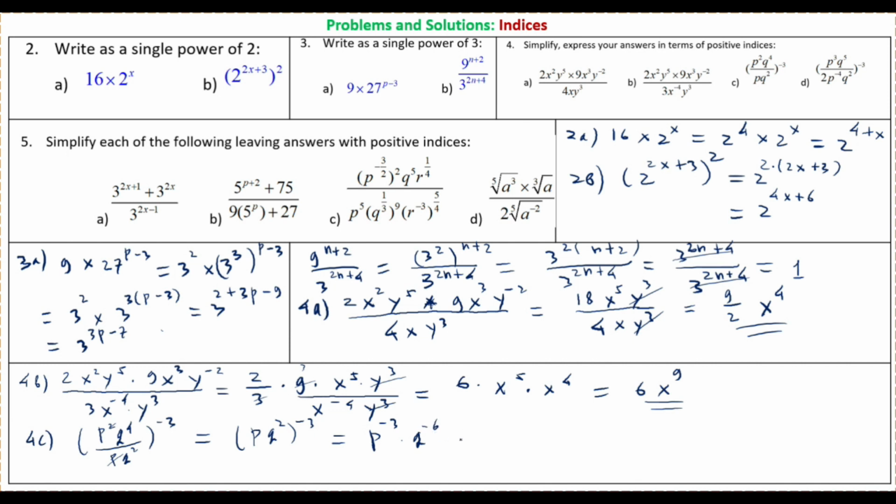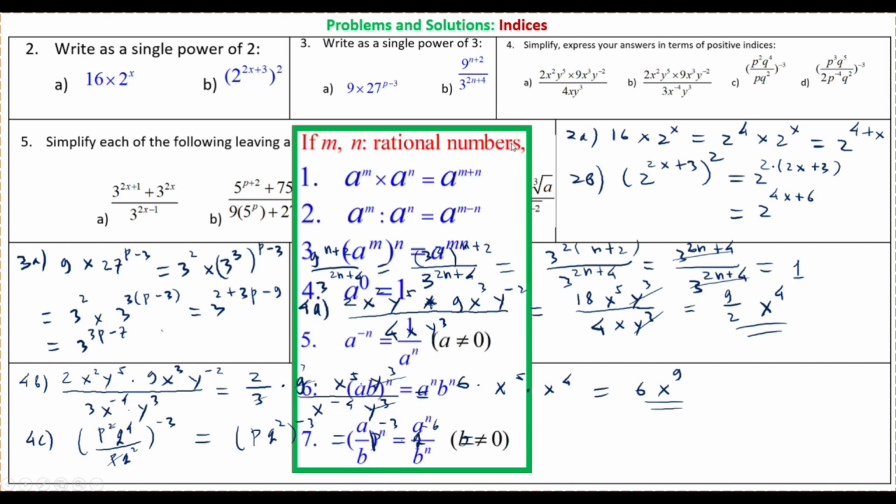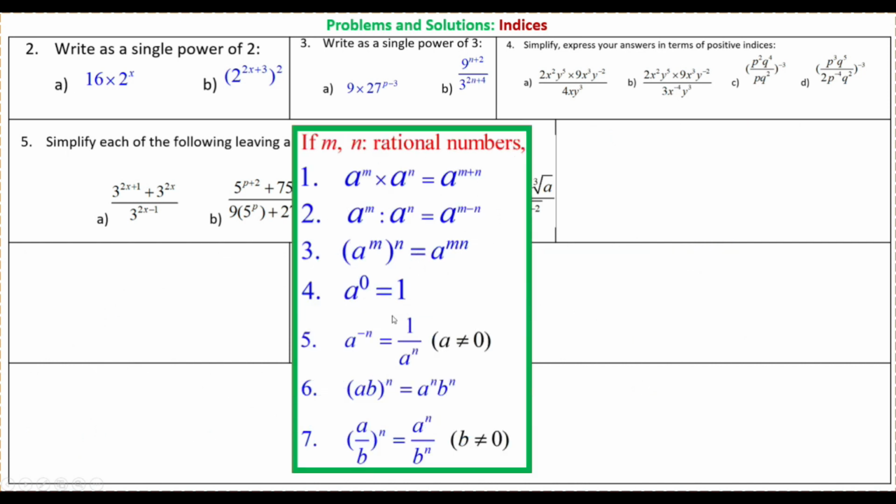And we can simplify further because, as here, it says simplify, express your answers in terms of positive indices. So we have negative indices here, minus 3 and minus 6. So we can use the fifth index law, a to the minus n equals 1 over a to the n.